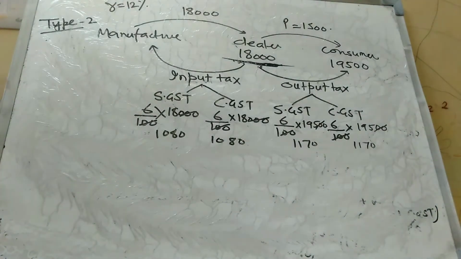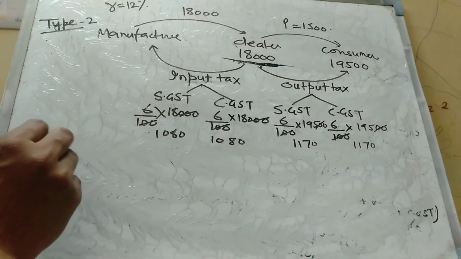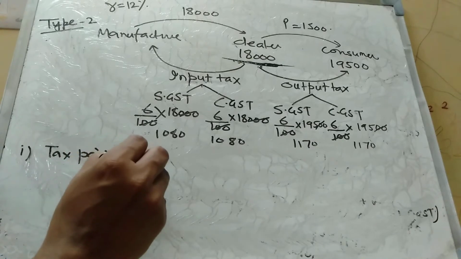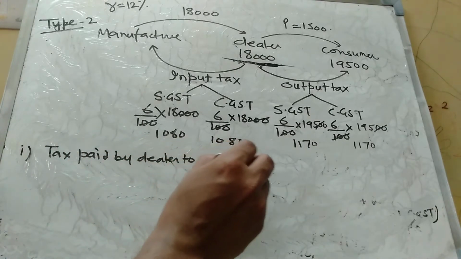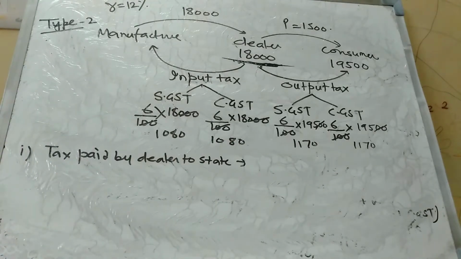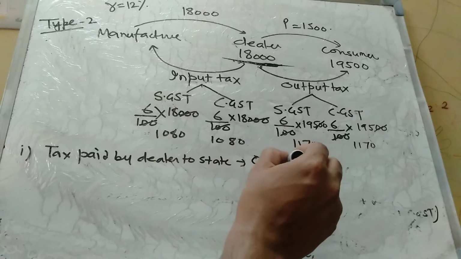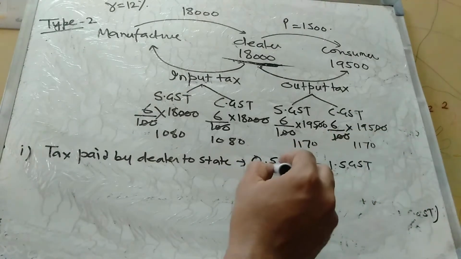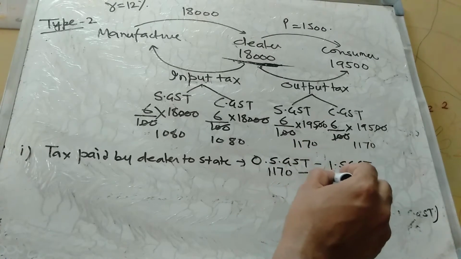Now what we have to find out in this question? First, the tax paid by the dealer to the state government. The dealer will pay tax to the state government, which is output SGST minus input SGST, 1170 minus 1080.